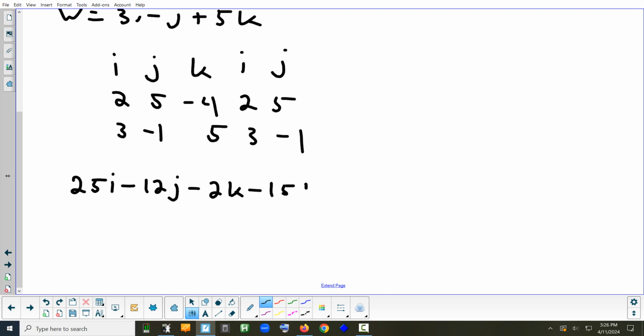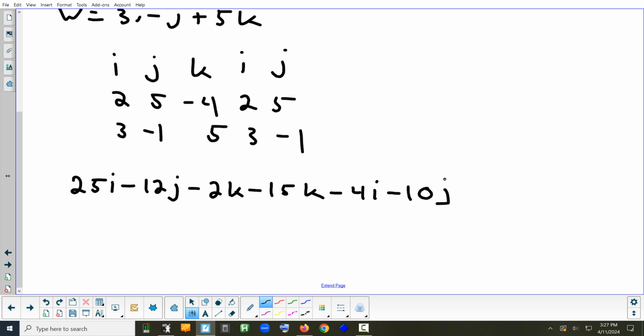So we're going to subtract 15k. Then i times -4 and -1 would be 4i, which would be -4i. And then j times 2 times 5 is 10j, but we subtract it, so -10j.